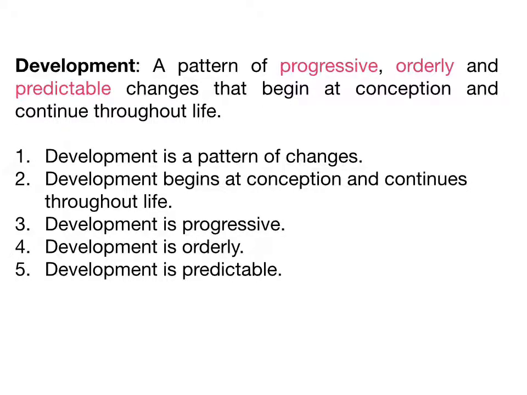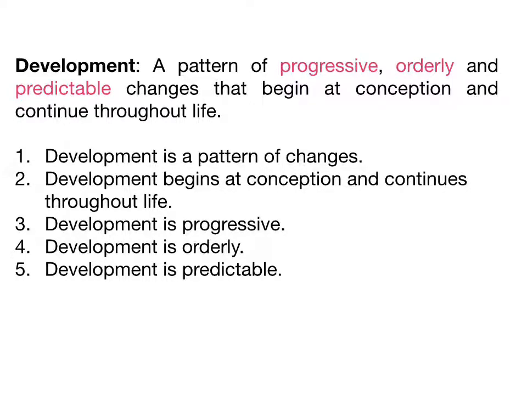Okay? I will give you an example which will clarify it further. For example, a child who has learned to walk first learns how to crawl. Once the child has mastered crawling, can the child stand with support?